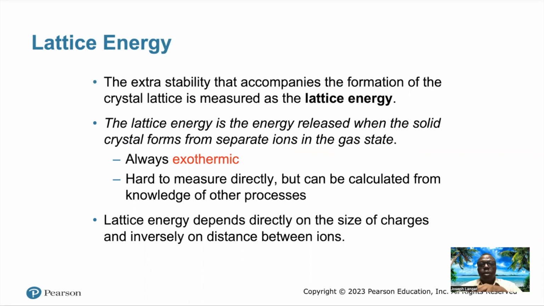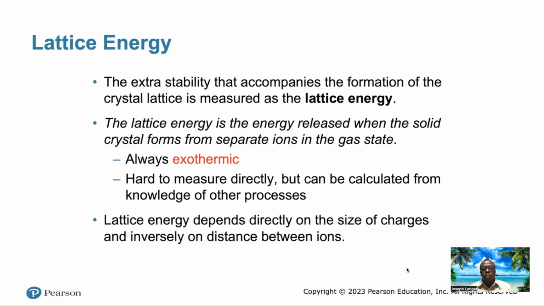It's hard to measure. The point here is that this one is hard to measure, but we use what we call the Born-Haber cycle, which is the same approach as Hess's law of heat summation, to calculate the lattice energy. Lattice energy depends directly on the size of the charges and inversely on the distance between the ions.